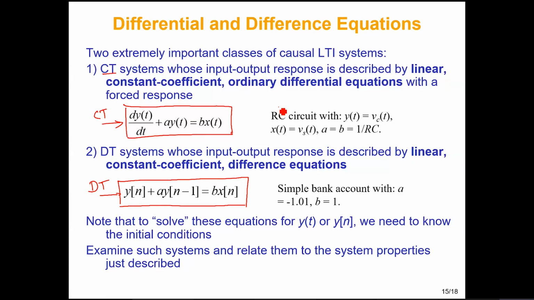We always assign the output as y and the input as x. So even if the output was, let's say, the voltage across a capacitor, and the input was the source voltage, we are not very concerned with whatever that thing was. We just assign the variable y to the output and variable x to the input and write equations in terms of x and y. That way it becomes much nicer to look at and much easier to deal with once we are doing all the arithmetic and solving it.